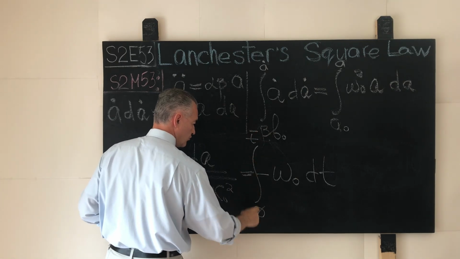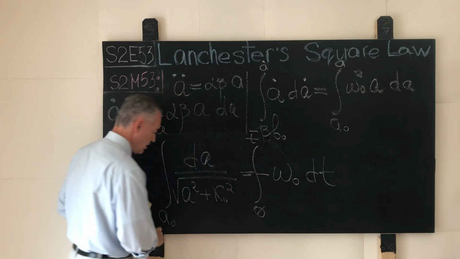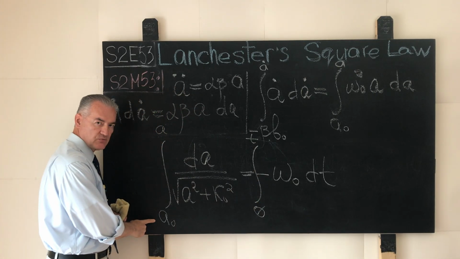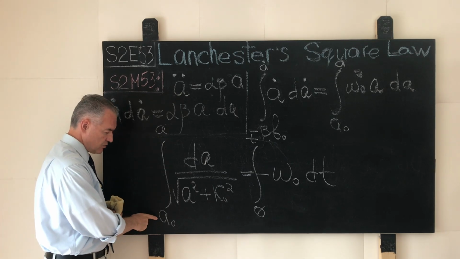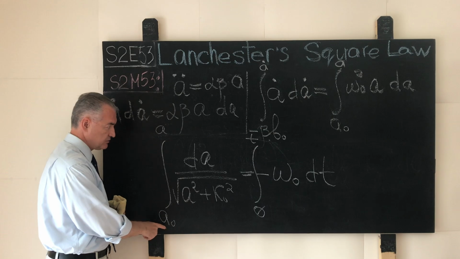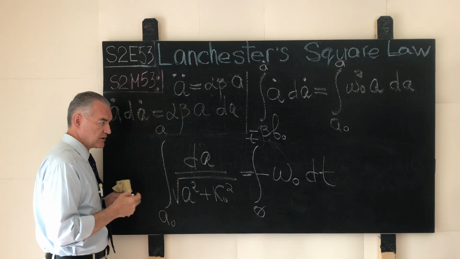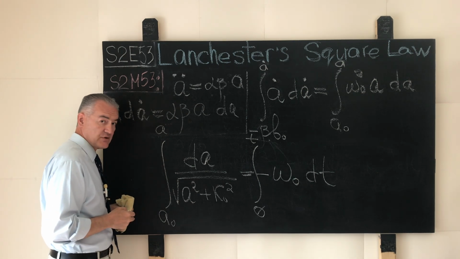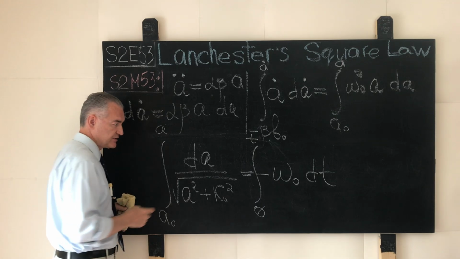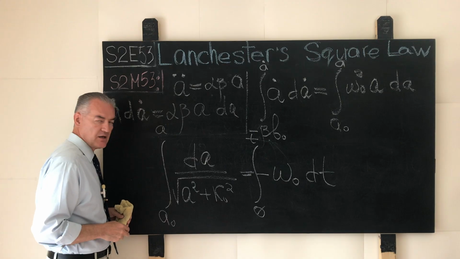So this side over here will be quite popular. You will have this result from 0 to t. On the left-hand side, you will have to see what your material is. It will vary. And in our case, we integrate from A0 to A. And I still remember all too well back in my time in verbal midterm and final theoretical physics exams, I would attack the integrals that I arrive at on either side one by one.